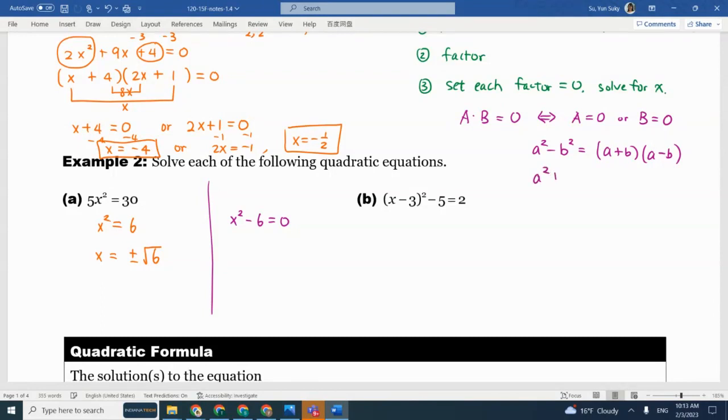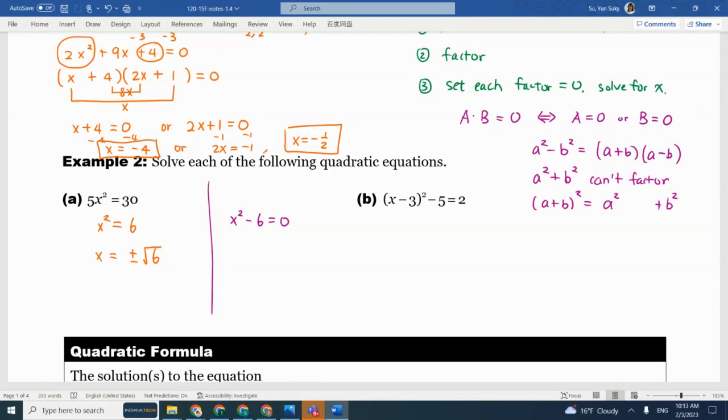And if you have a squared plus b squared, can we factor it? No, it cannot factor. And when you have a plus b squared, what's that? Is it a squared plus b squared?